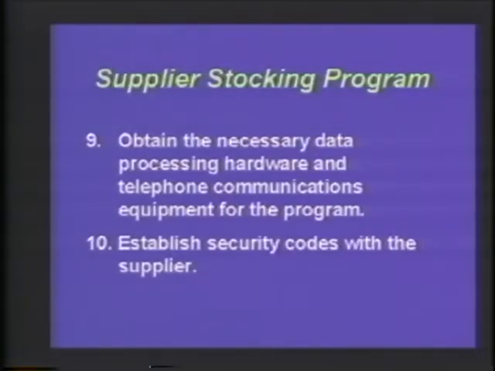And once you go through your security code development, then you will actually see the menu of what the supplier has on hand by not only his part number, but by your part number, the bin location, and also the minimum quantity that he or she is supposed to carry for you on hand.